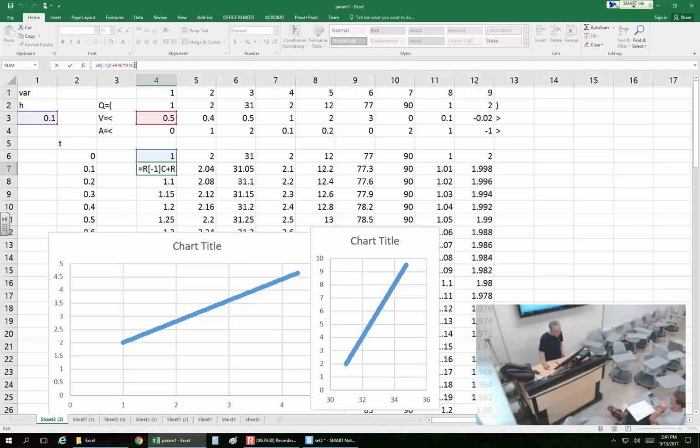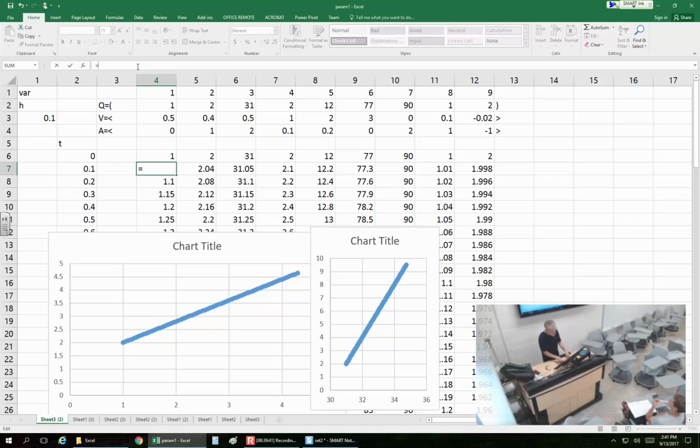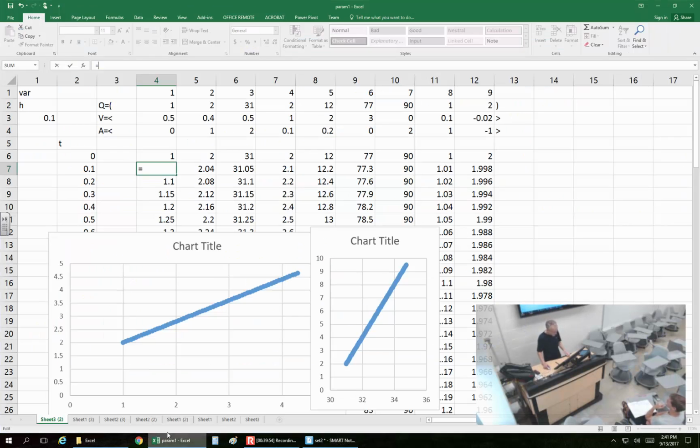So I'll just write here the explicit formula, which is the initial position. So that's the formula over here. I will be just simply writing this formula over here. So initial position plus initial velocity times t plus the acceleration times t squared. Okay, so let me do that.